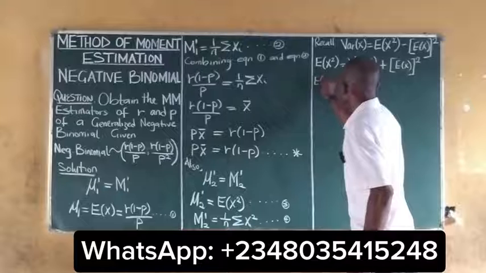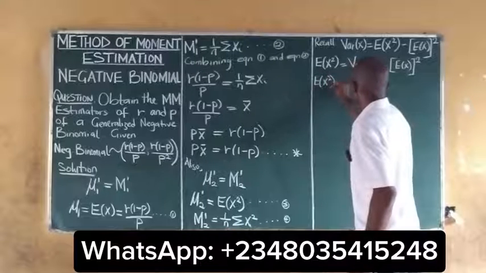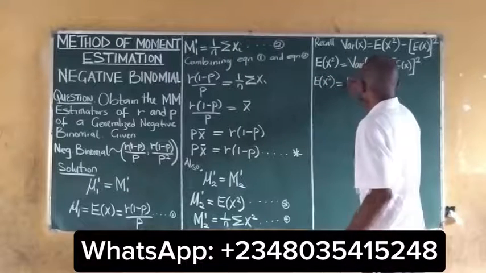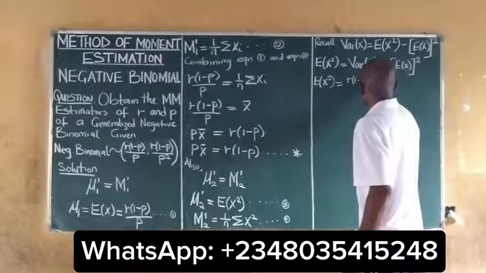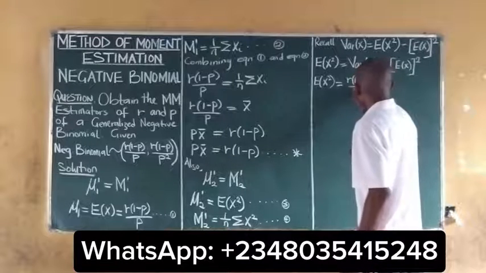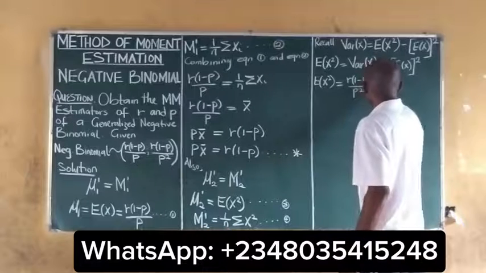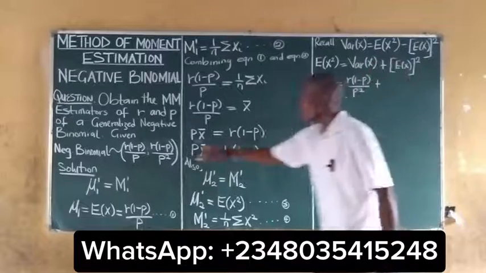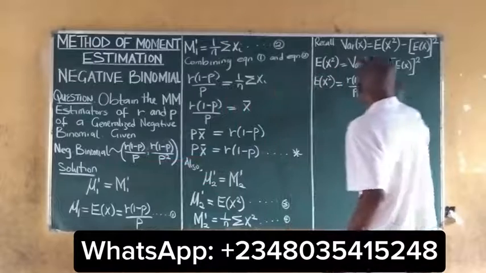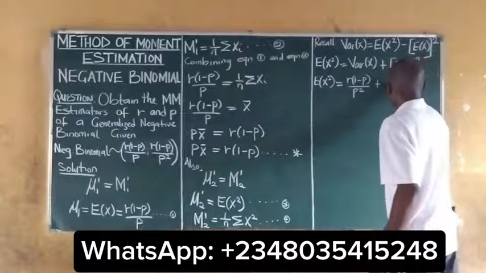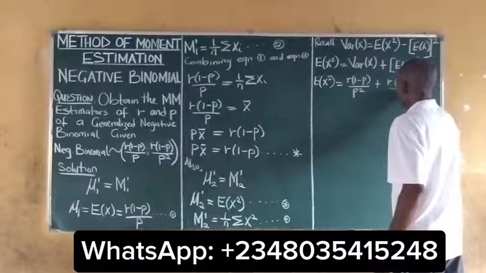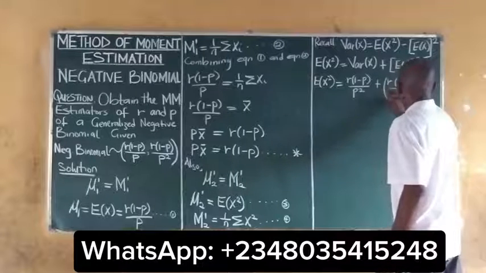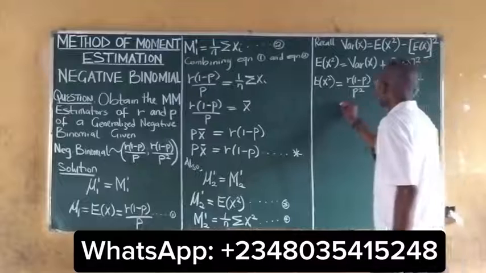Our variance of x is given to us as this. So we have the expected value of x squared to be equal to the variance of x, which is r multiplied by (1 minus p) all over p squared plus the expected value of x, which is r(1 minus p) all over p, all squared.